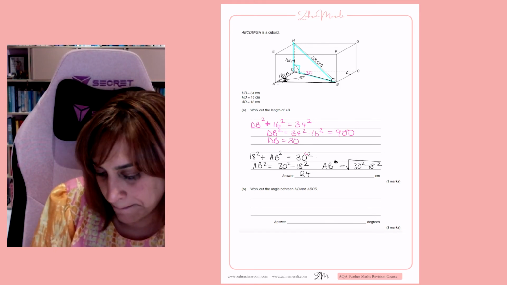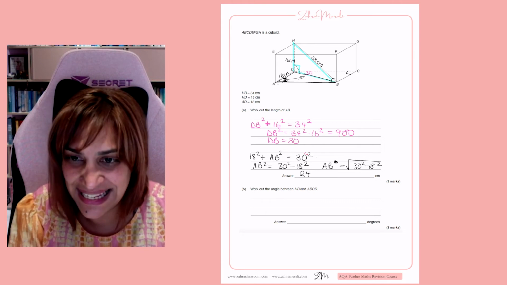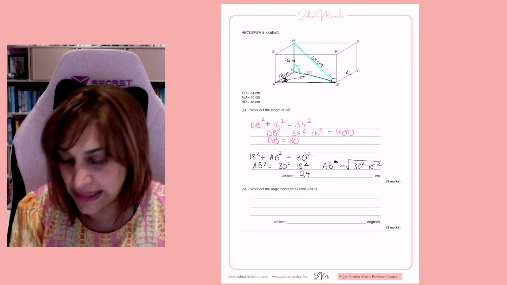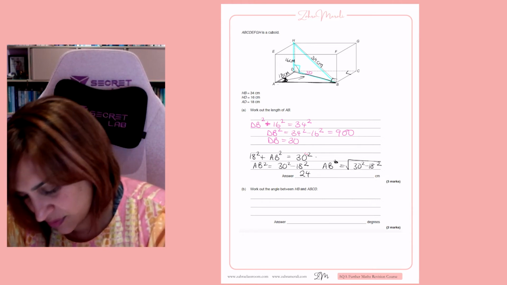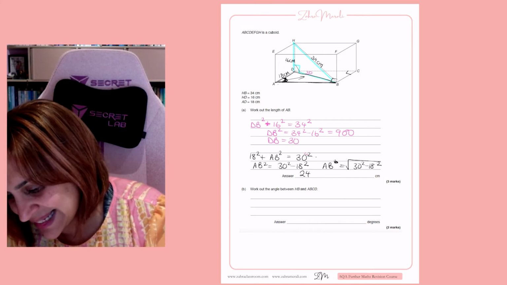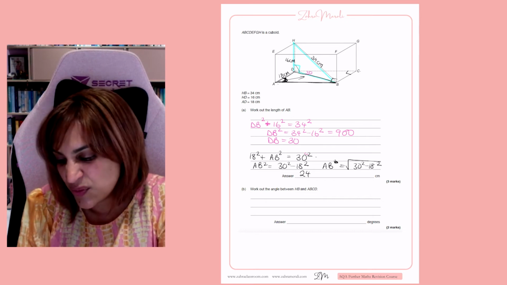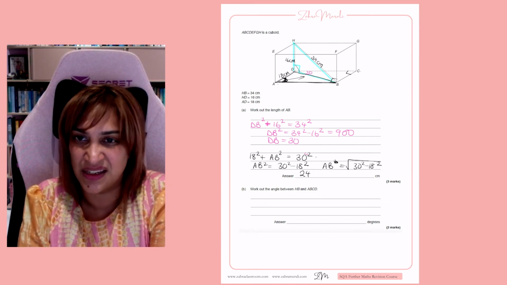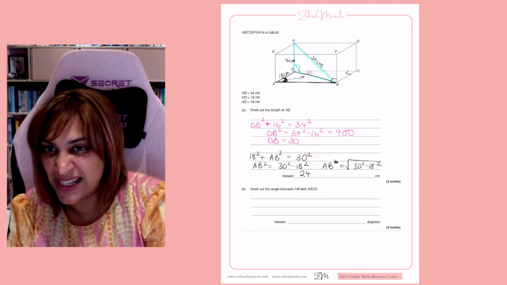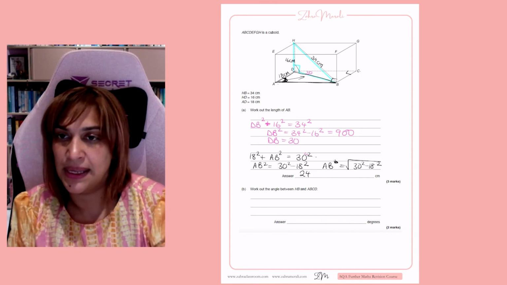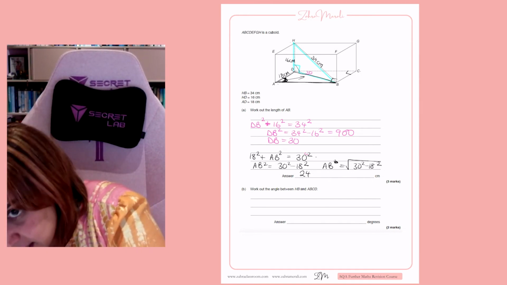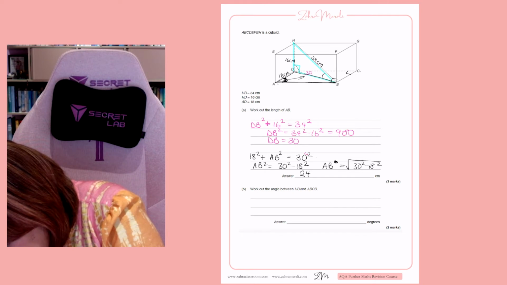Right, next one. We're going to work out the angle between HB, which is drawn there, and ABCD. Now the nice thing is they've drawn you the triangle essentially. So the angle that you're looking for is essentially this angle over here.